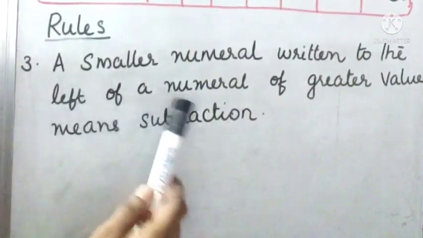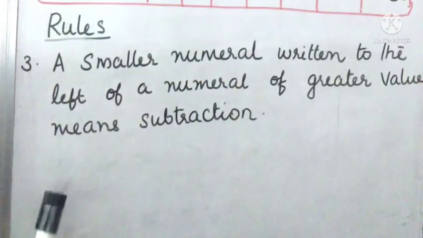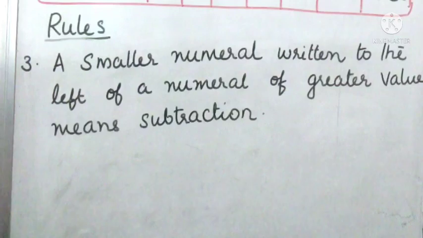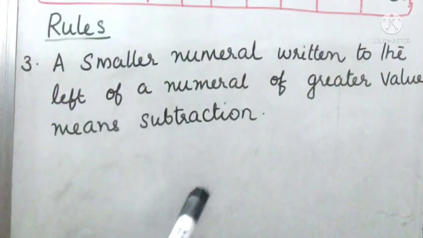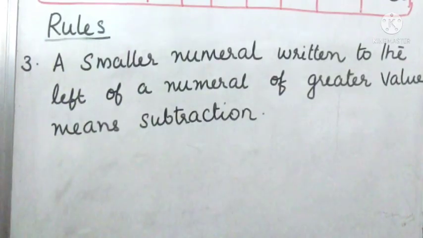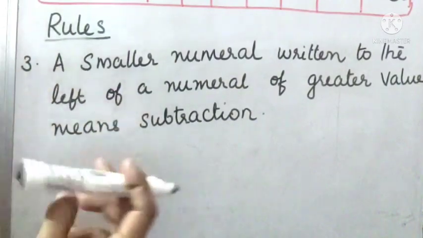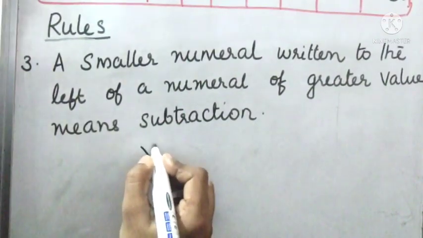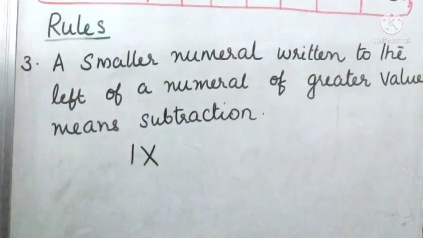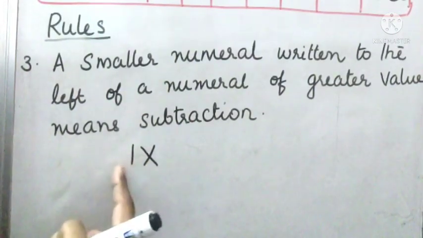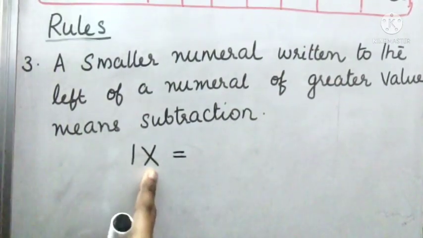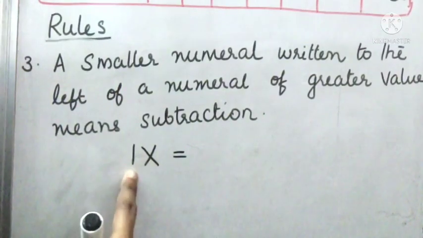Rule number 3. A smaller numeral written to the left of a numeral of greater value means subtraction. When a smaller numeral is written to the left, it means subtraction. Look here. The greater value X means 10. The smaller value I is written to the left of X. This means 10 minus 1, that is equal to 9.